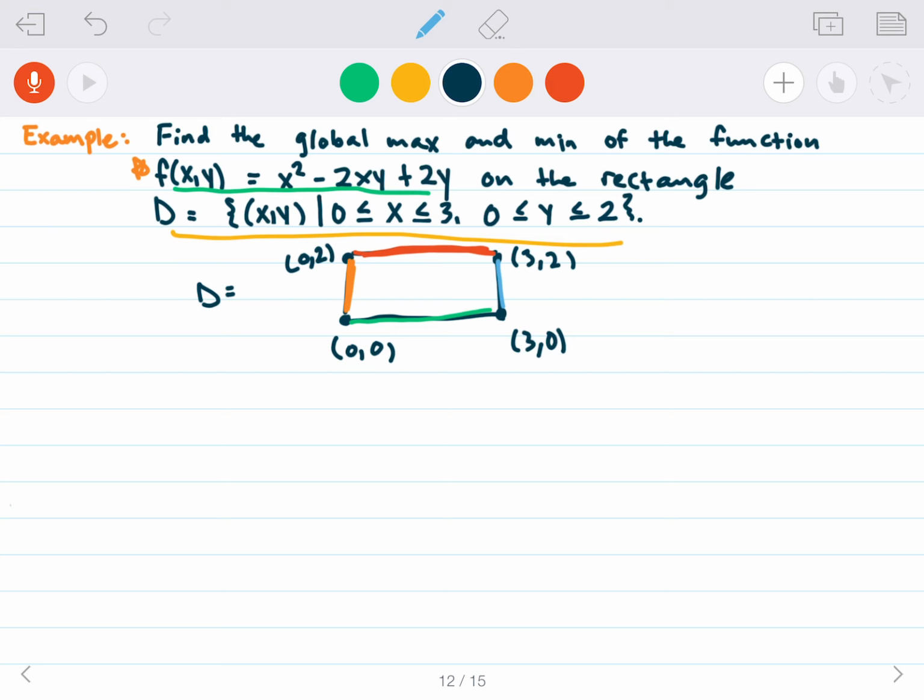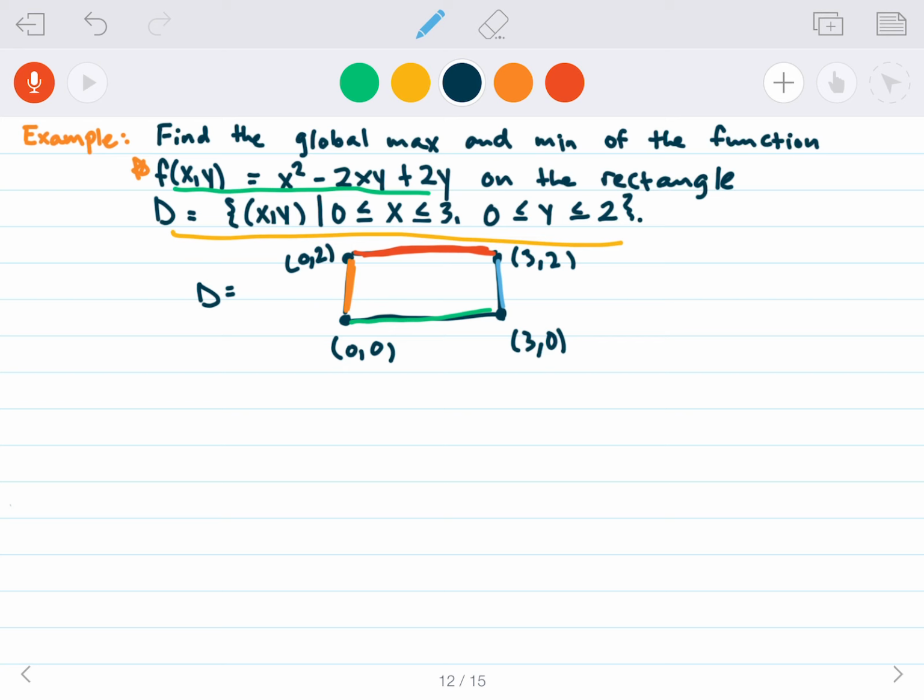We're going to do a very similar thing here, guys, but instead of plugging endpoints into the function, we're figuring out what the function is evaluated at its boundary. Okay, so these aren't just single points. This is entire line segments, as we can see in the 4 different colors.